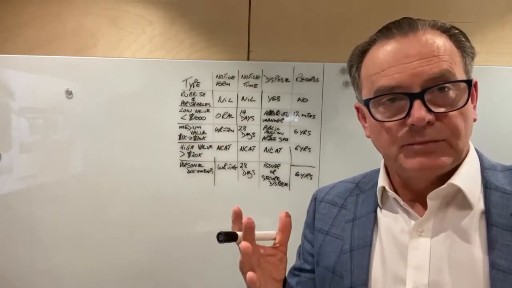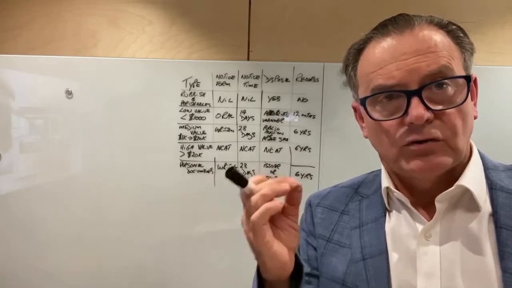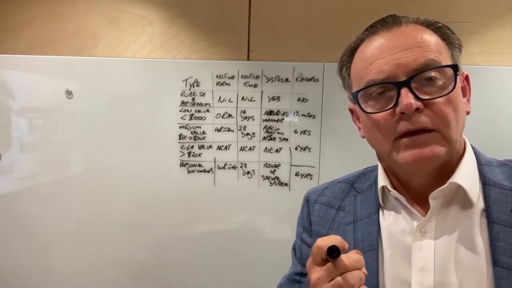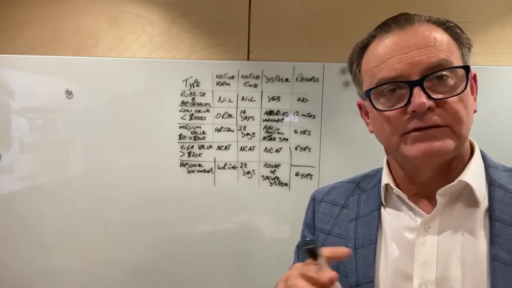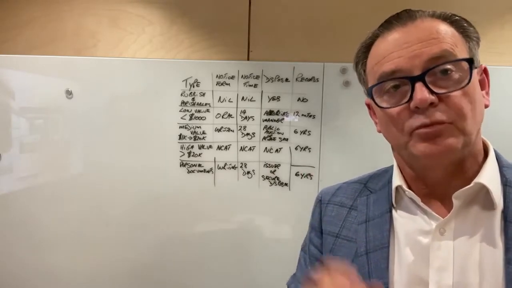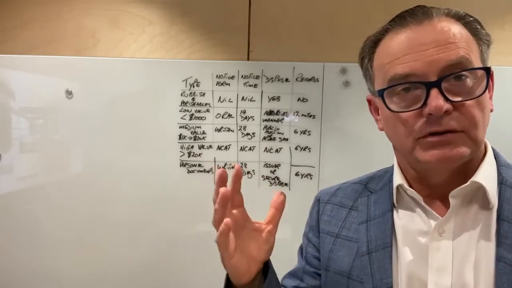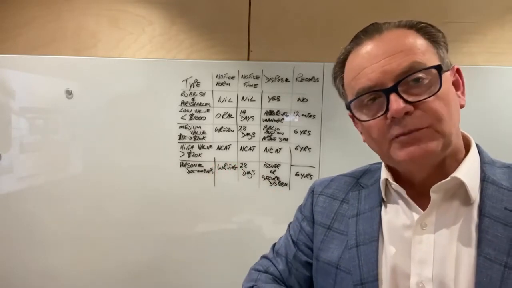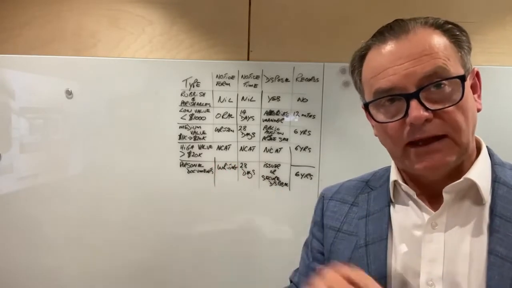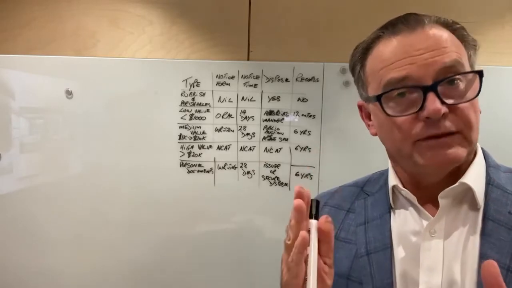The other aspect of uncollected goods, the threshold question, is can I get access to the goods? In other words, if there's a question mark about whether or not the premises, the unit, the dwelling, has been abandoned by the tenant in the first place, you need to deal with that first.